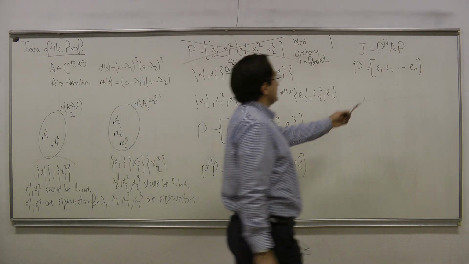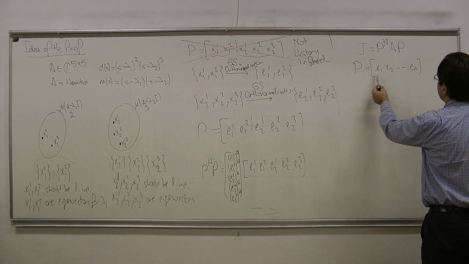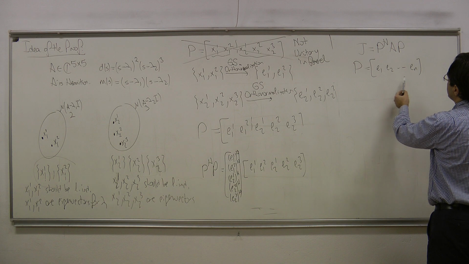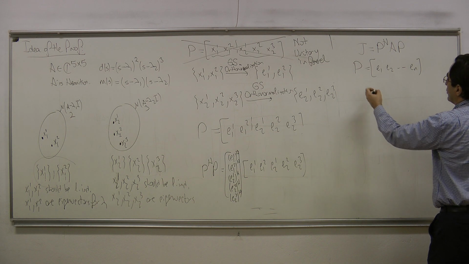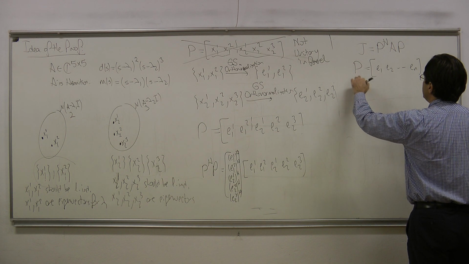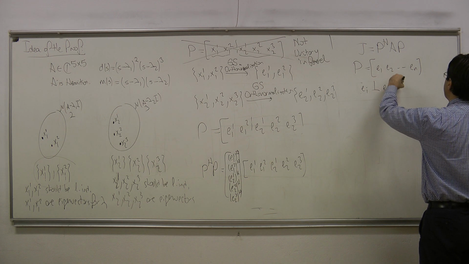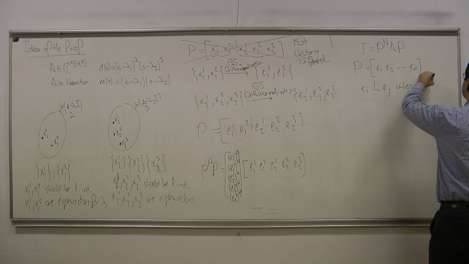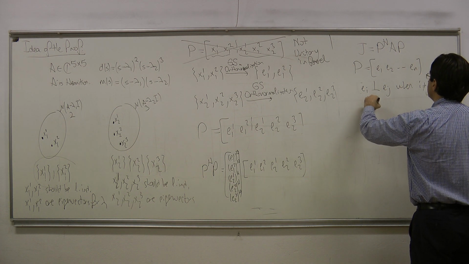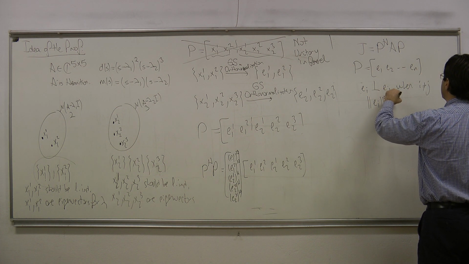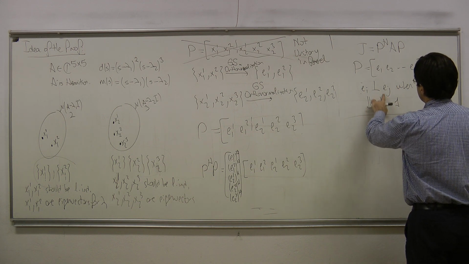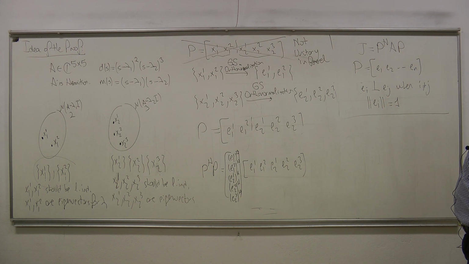So P is composed of these eigenvectors, and they are orthogonal to each other: Ei is orthogonal to Ej when i is not equal to j. And the norm of Ei squared is equal to 1, so the norm of Ei is equal to 1.